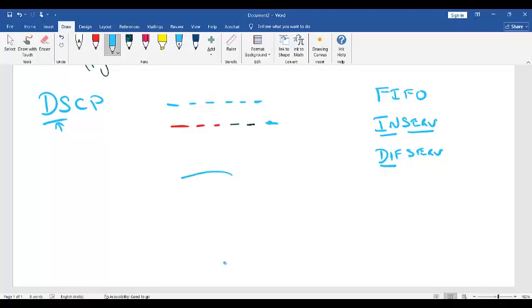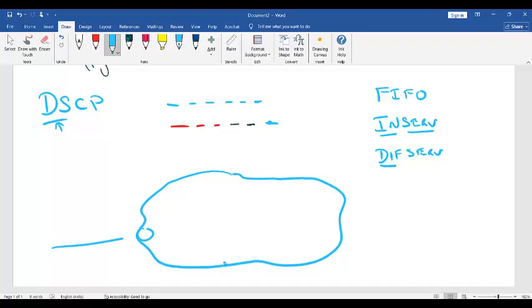This is your organization, this is your autonomous system. You got many routers, and this is where the traffic enters from the left. The traffic leaves your organization. Let's say you have 2 ISPs. You got many routers and switches and much more.